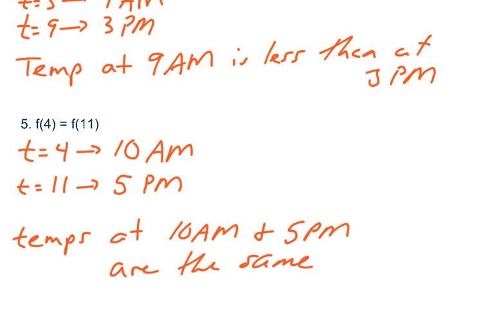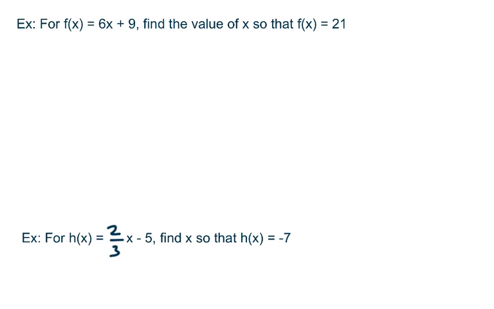Okay, so we've made statements, we've evaluated. Let's try, I don't want to say reverse evaluating, but we're actually going to do some solving here. For f of x equals 6x plus 9, find the value of x so that f of x is equal to 21. The key phrase here is find the value of x. If they're telling us to find the value of x, they are not going to give us an x value. So this 21 is not going in there for x.